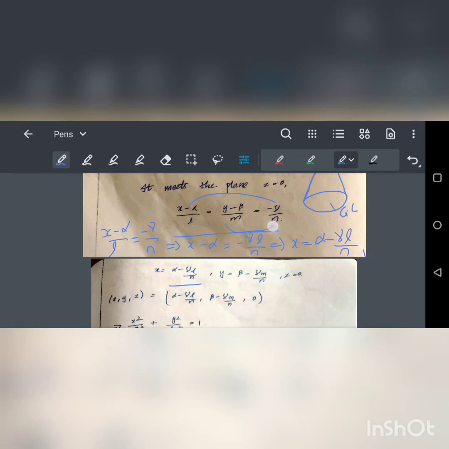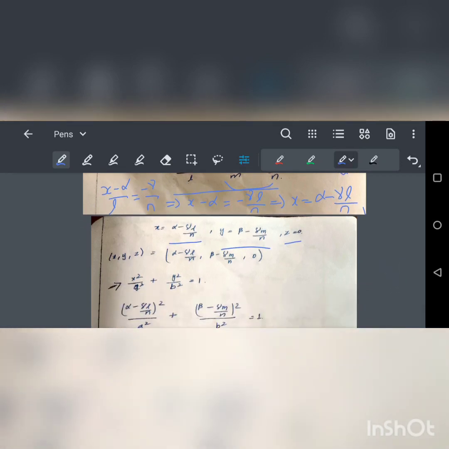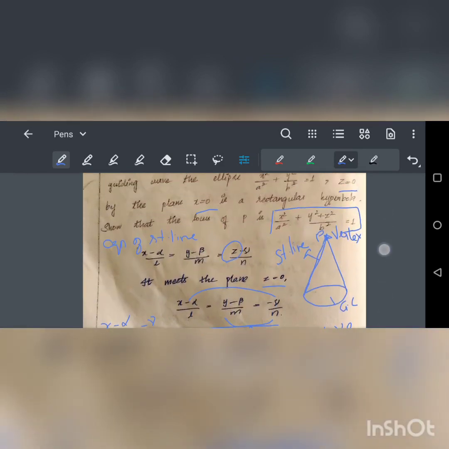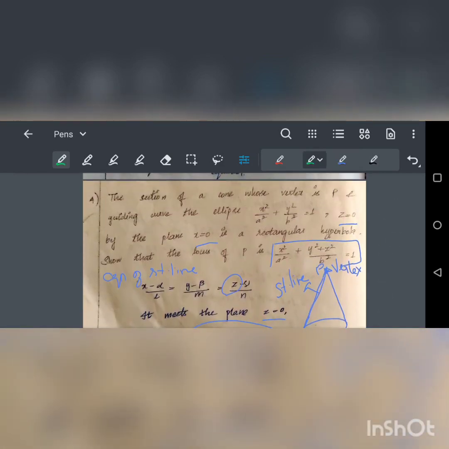Similarly, when you equate these two, you will be getting the value for y as beta minus gamma m divided by n. And in the question itself, we are provided with the value for z is 0. So on the whole, you will be getting the value for x, y, z as this one. So let us move further. Next, the question says the guiding curve is the intersection of z is equal to 0 and the equation of the ellipse.